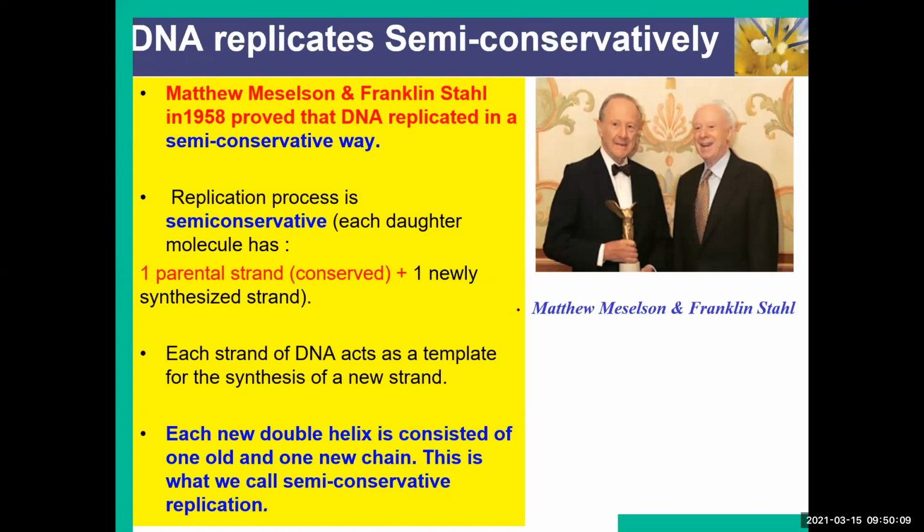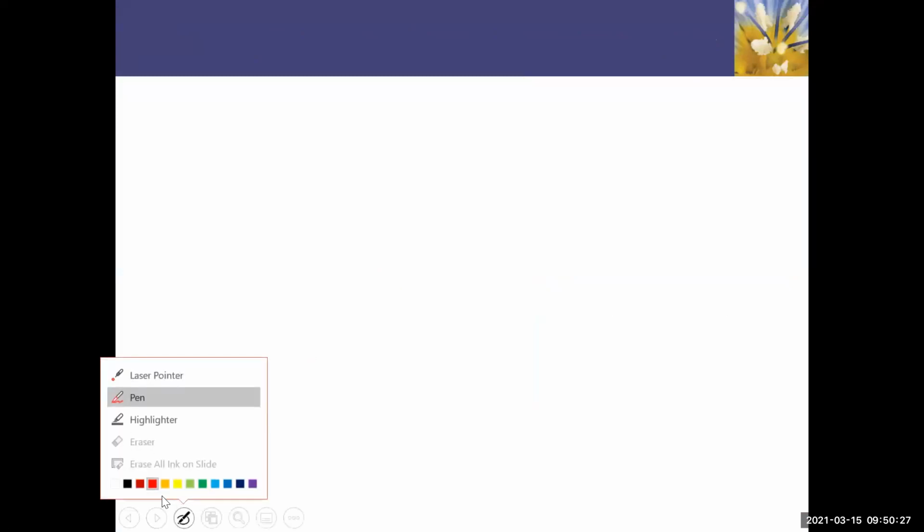We had two important people, Meselson and Stahl. In 1958, they proved that DNA replication takes place in a semi-conservative way. Does anyone know what a semi-conservative way is?